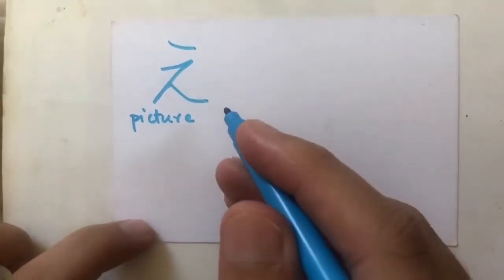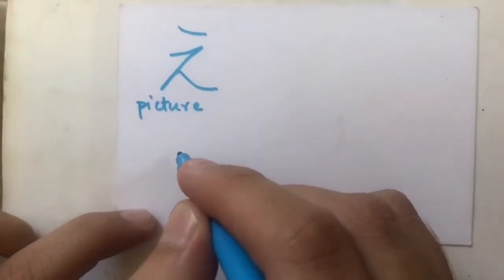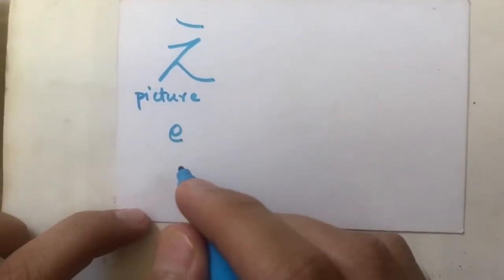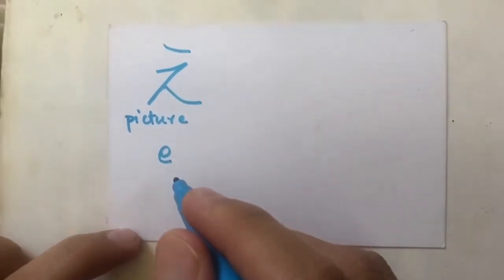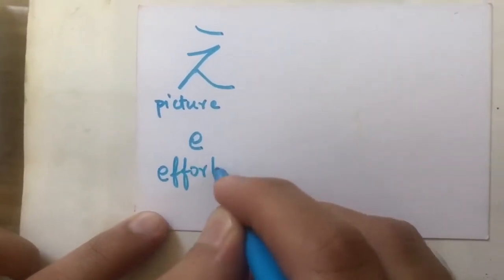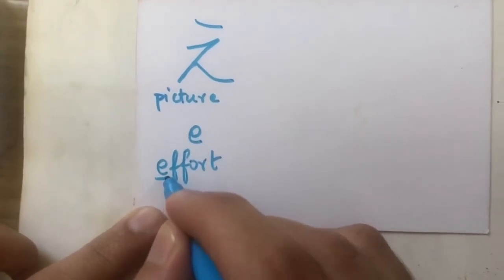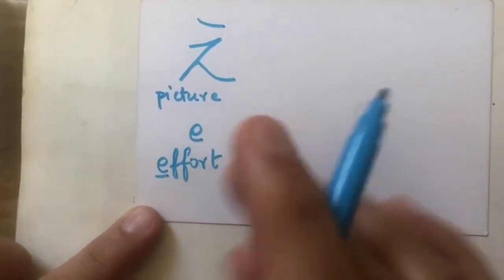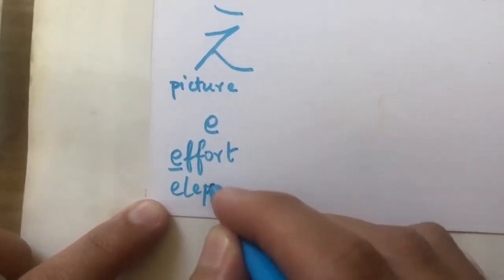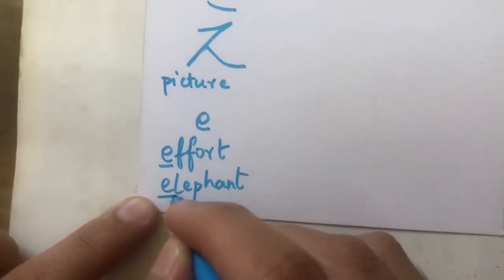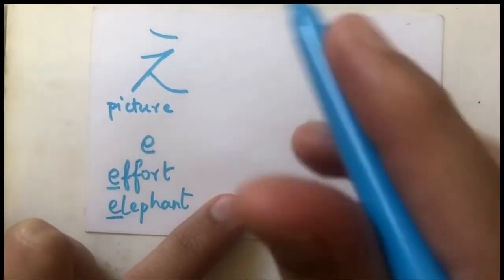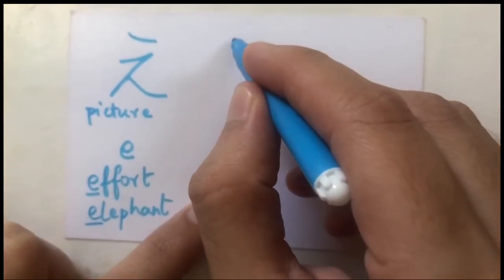And the pronunciation, the English sound is this, and the pronunciation examples, let's say effort, effort, a, a, or elephant, a, a.